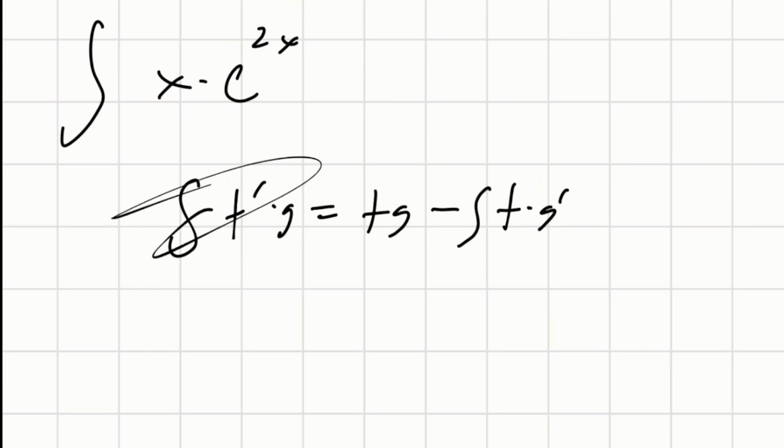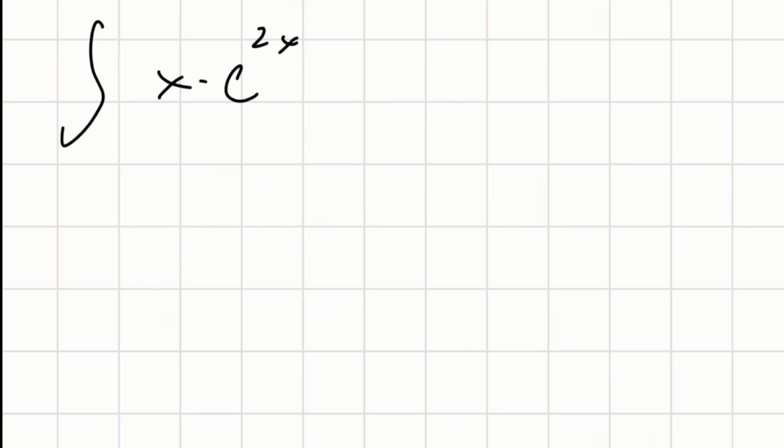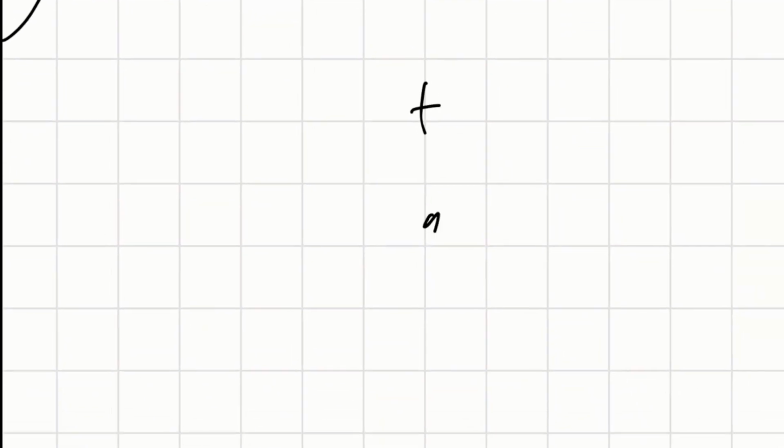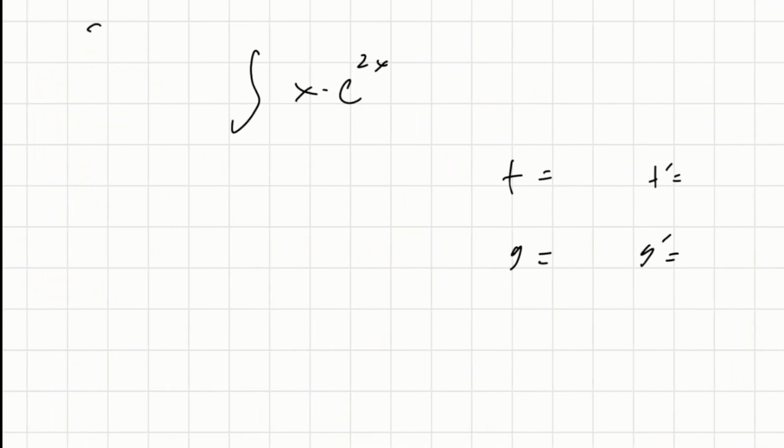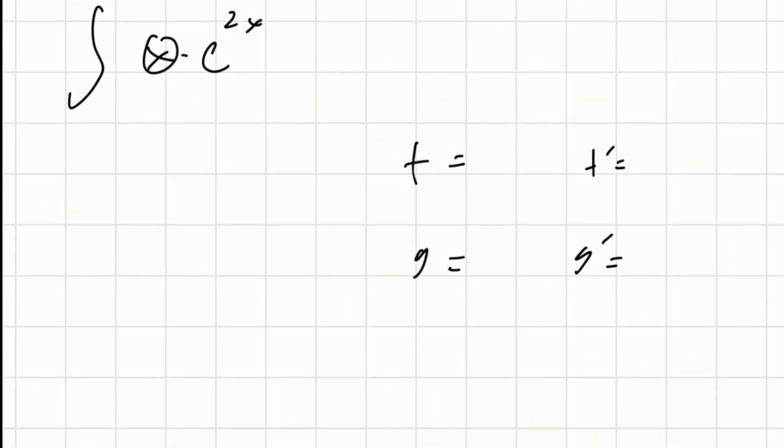So let's write this down. Let's say we have our f, and let's say we have our g. And then we have the derivation of both, because we need both. So let's be smart. What is the best idea of what we could do here? And this is quite simple. What we want to do is declare our f, in this case our x, and our g, we want to say this is this.